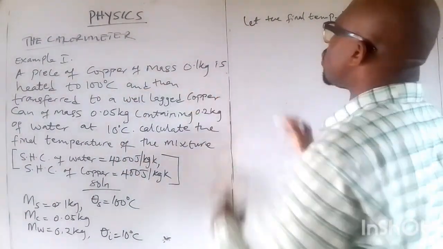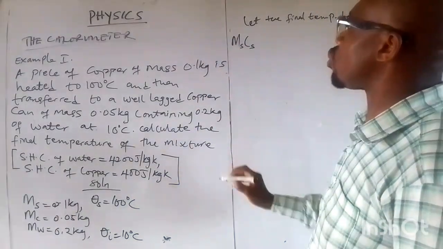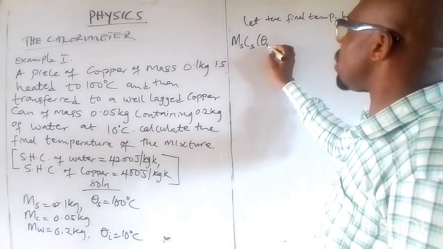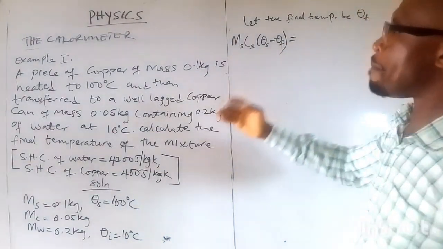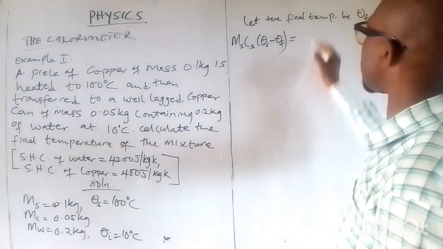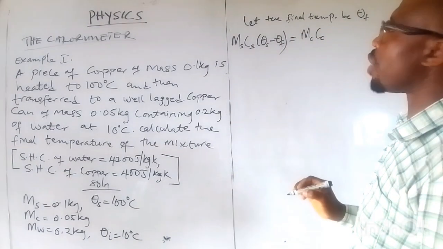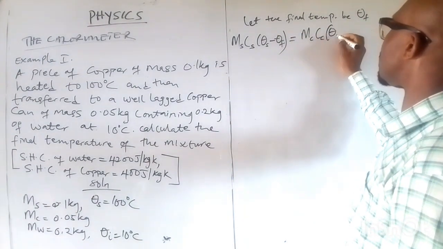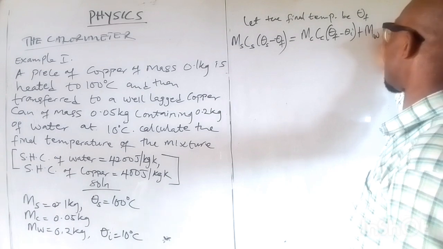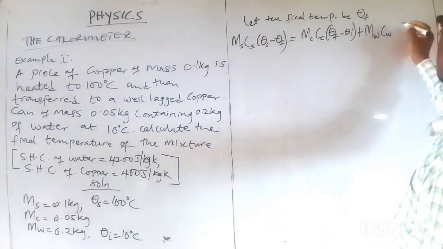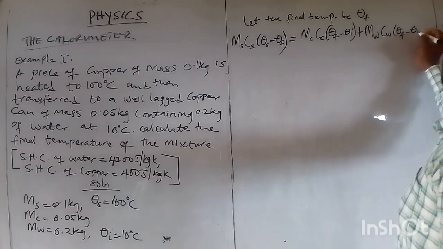The copper will lose it, which is solid: mass of solid, specific heat capacity of solid, times temperature of solid minus the final temperature of the mixture, is equal to mass of calorimeter times specific heat capacity of calorimeter times temperature change, final minus initial, plus that of water: mass of water, specific heat capacity of water, and temperature change, which is theta F minus theta initial.